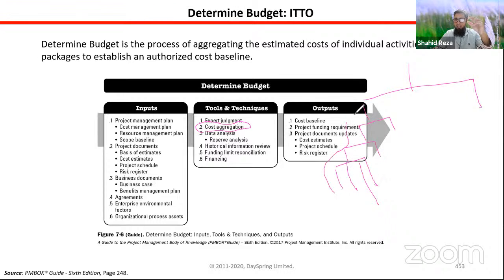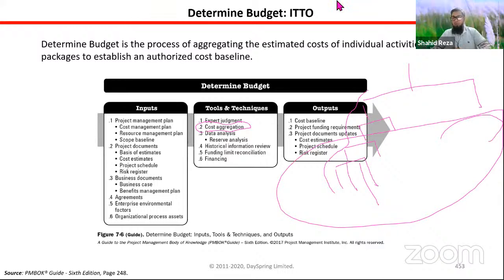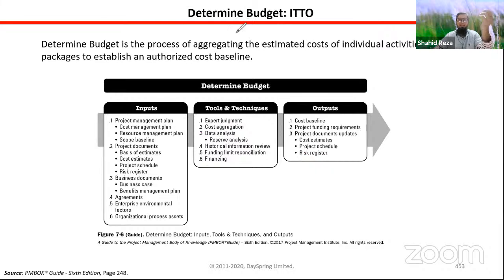If we add up, aggregate everything, all the work packages, all the tasks, then we will get the project budget. So main tool is aggregation. Aggregation means adding up all the cost for each activity, and then we will get the project budget. That is known as cost aggregation tool. So this is a very simple tool. That means just aggregating or adding up all the cost.